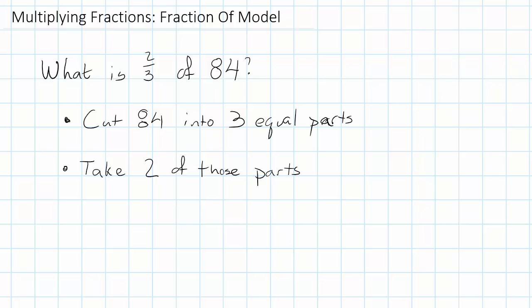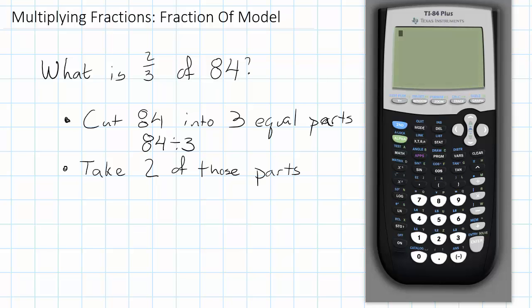That's cutting 84 into 3 equal groups. That's 84 divided by 3. And we could work that out as long multiplication, or we could use our calculator to divide 84 by 3, and we get 28.